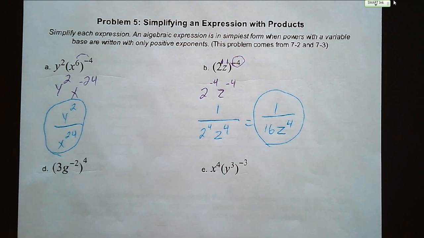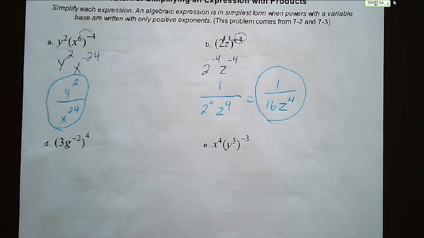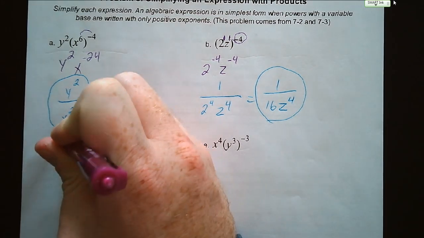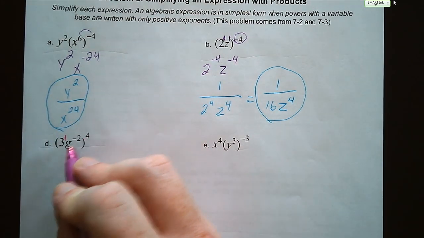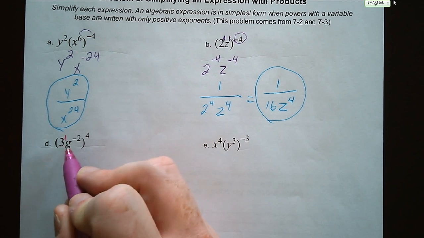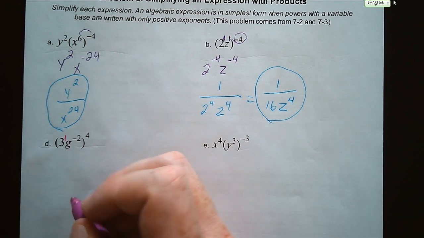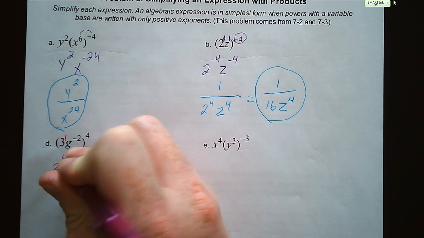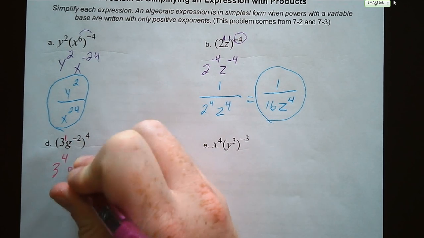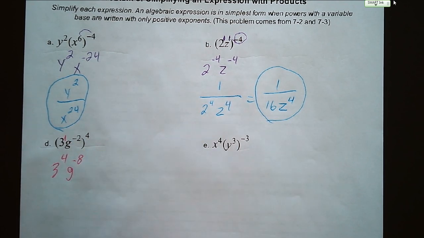Okay. I want you guys to try, well, they got labeled letters D and E, so try letters D and E on your own, and I will go over them. So for letter D, we need to apply the exponent of 4 to our product, which would be 3 to the first and g to the -2nd. So we'll have 3 to the 4th power, g to the -8th power.